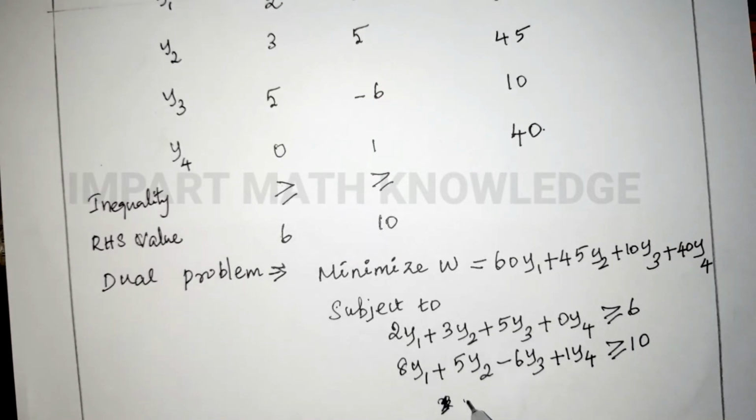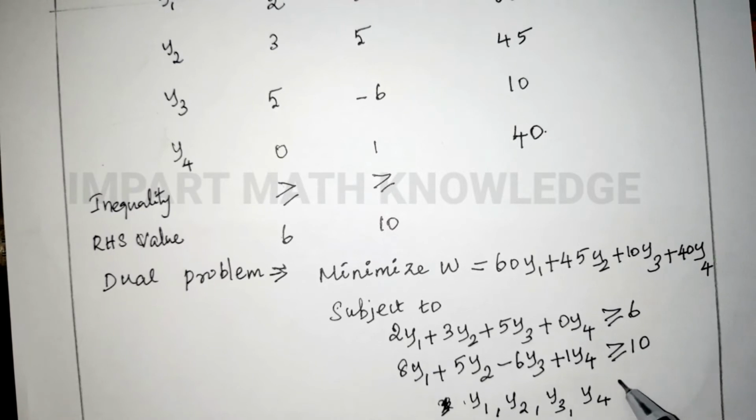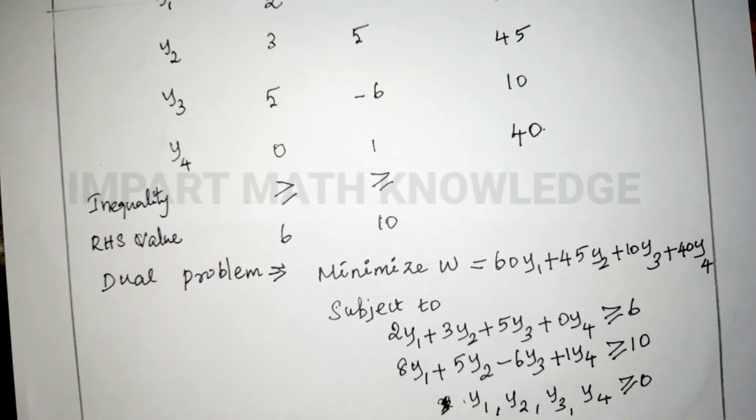The non-negativity condition is y1, y2, y3, y4 greater than or equal to 0.